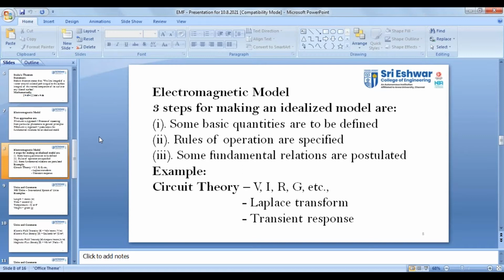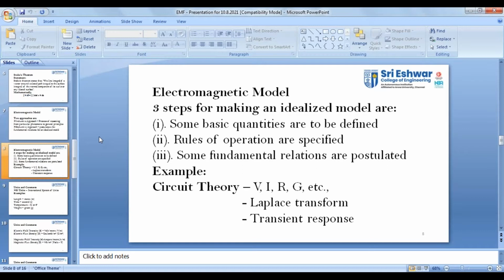For example, taking circuit theory as an example, if my task is to find the transient response of a series RL circuit, the basic quantities are voltage, current, resistance, inductance, conductance, and all the circuit elements like inductance and capacitance.